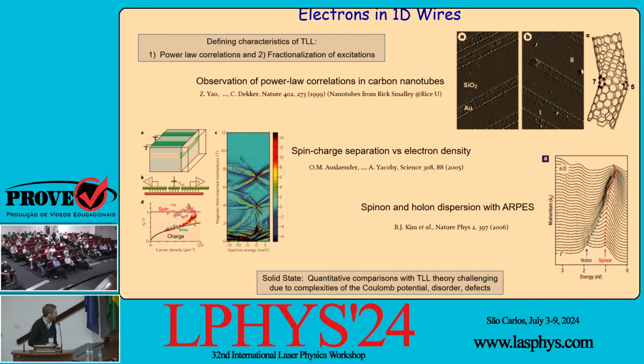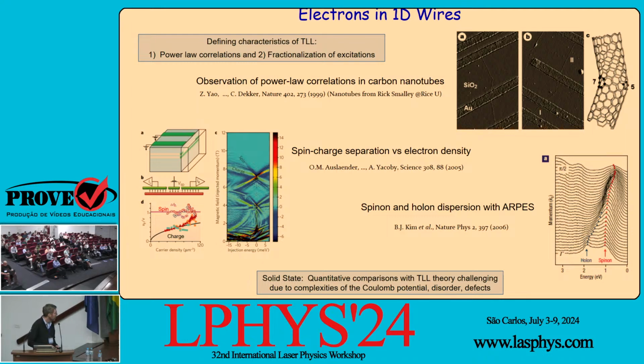So the spin-charge separation versus electron density was done by Amir Yacoby and his group a few years ago now. And this is a plot of charge and spin. I don't know why the spin is flat like this. It shouldn't be. It should be changing with interaction strength, and it's not.